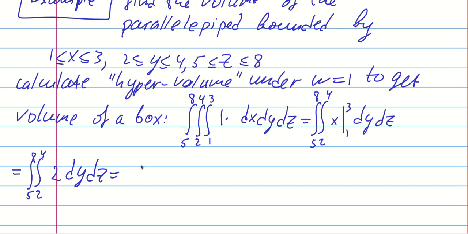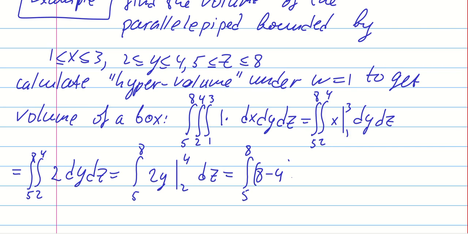So we have the integral from 5 to 8 of 2y evaluated from 2 to 4 dz. We plug in 4, so it's going to be 8 minus 4 dz. If we integrate the integral from 5 to 8 of 4 dz, we get 4z evaluated from 5 to 8.